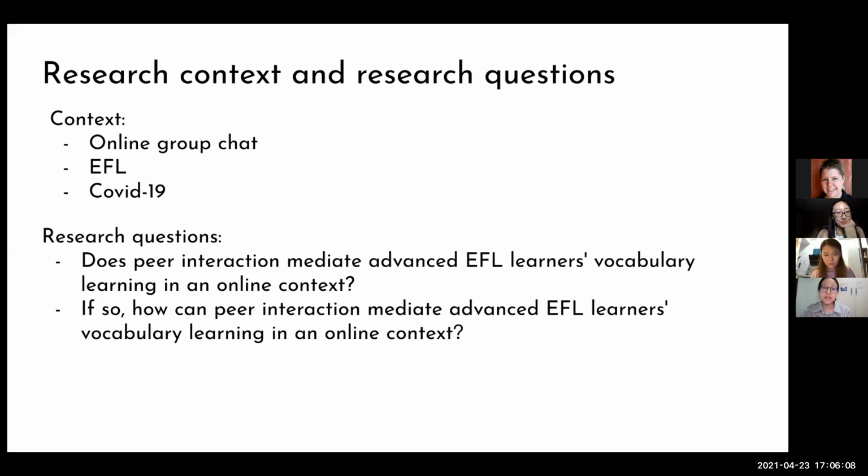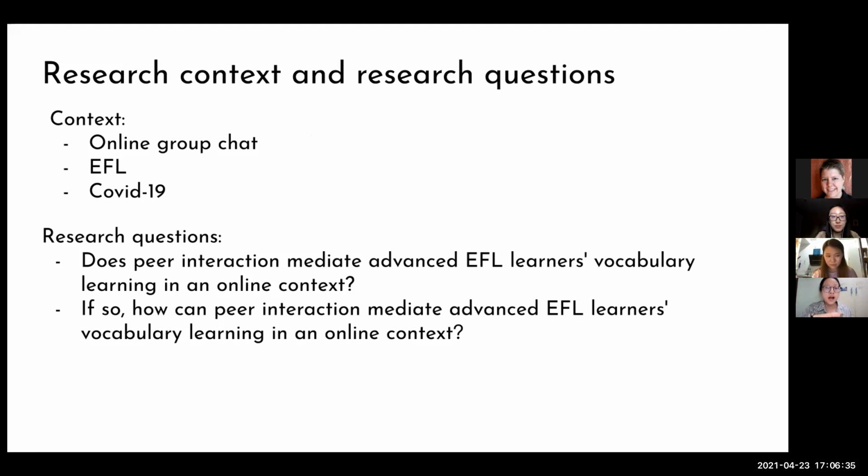So we think it's very important to explore the potential of how learners can interact and possibly develop through online interaction. Of course, it's also related to a big social context, that nowadays much teaching and learning is online.